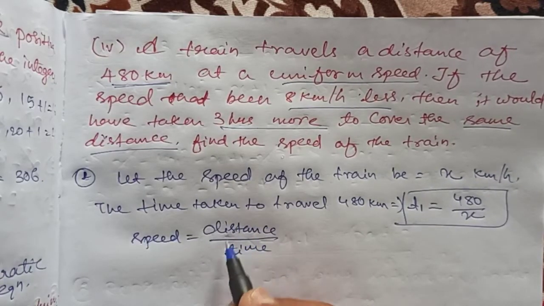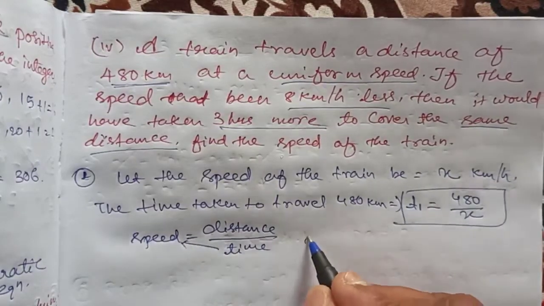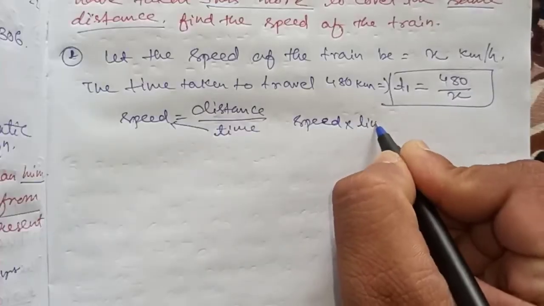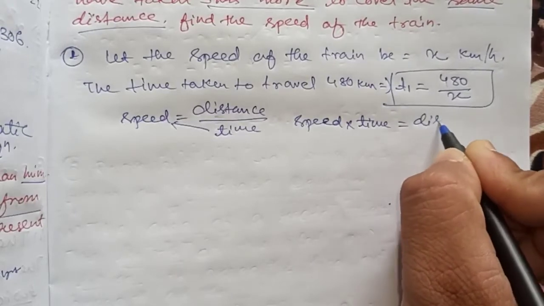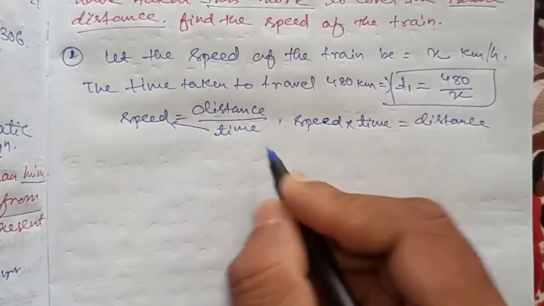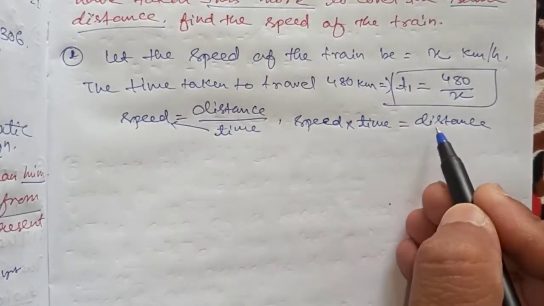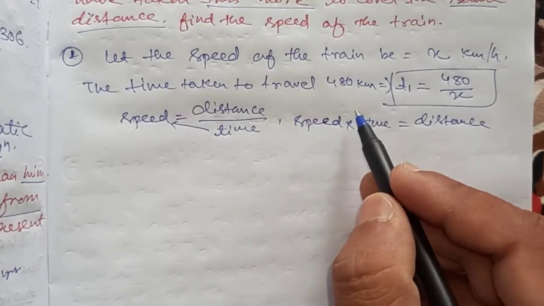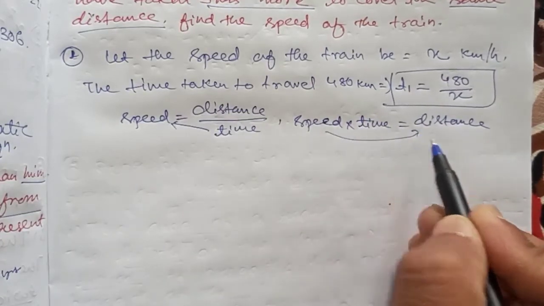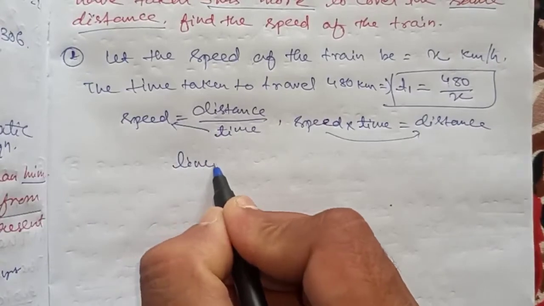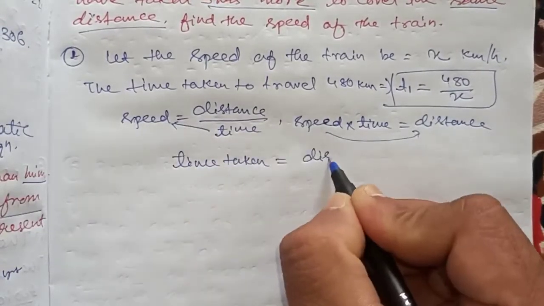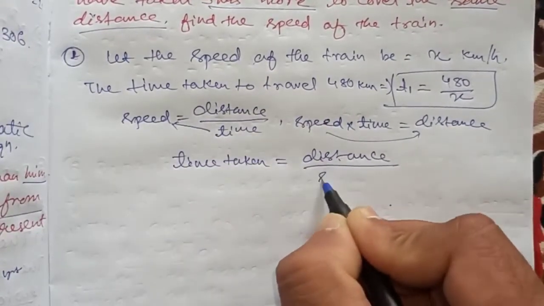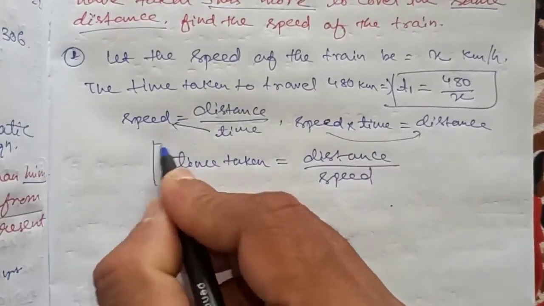If I want to find distance, time will be multiplied on this side. So speed into time equals distance. Now if I want to write only time, speed will be divided. So time taken equals distance by speed. This is the formula.